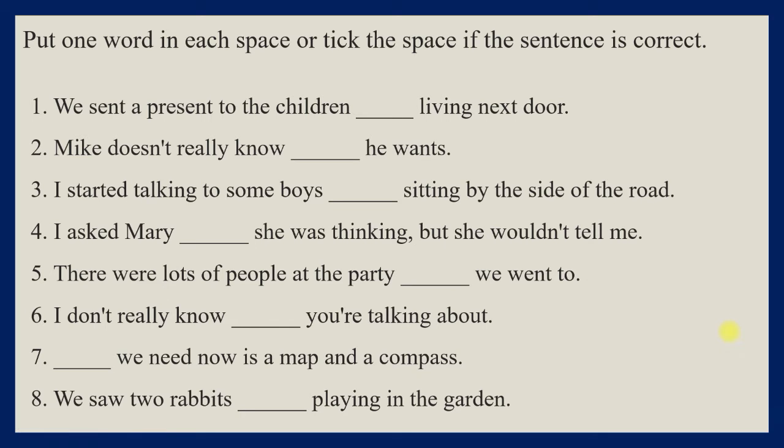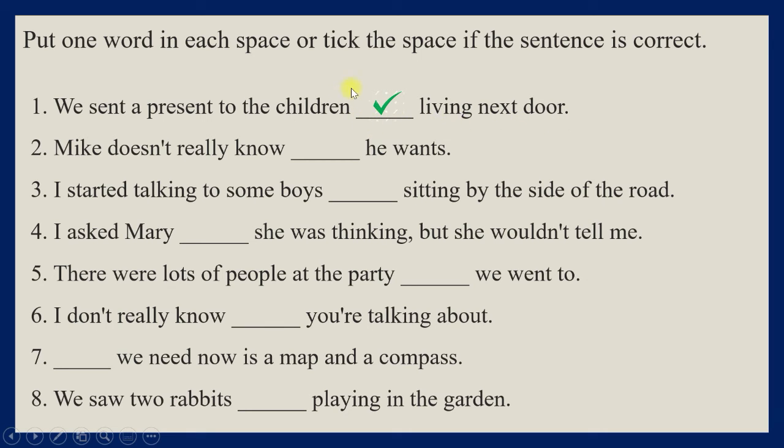Next exercise. Put one word in each space or tick the space if the sentence is correct. 1. We sent a present to the children living next door. Again, this is correct because this is a reduced relative clause. It means the original sentence was, we sent a present to the children who are living next door.